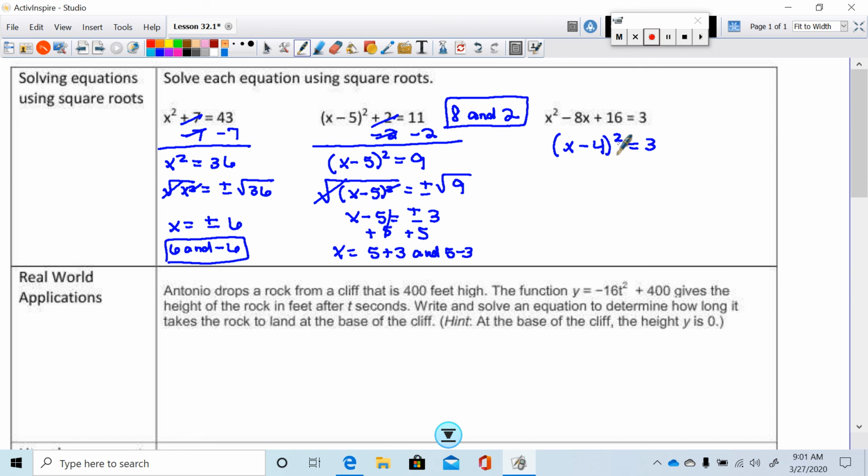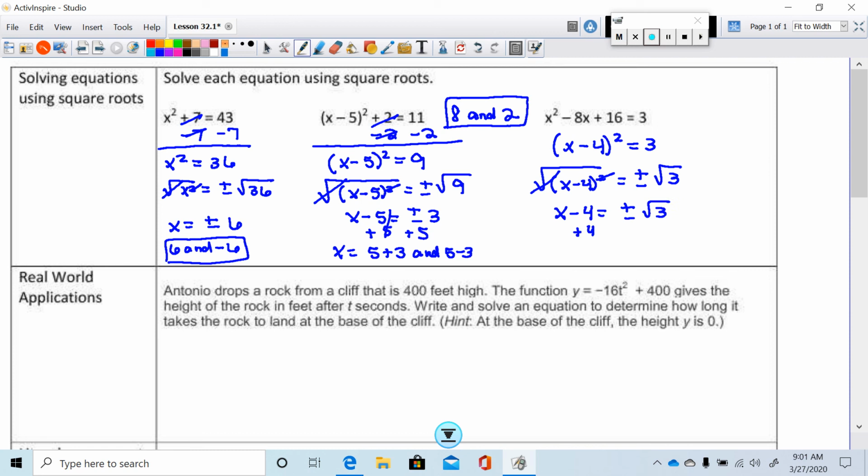Now I can do like I did in the previous problem. I'm going to take the square root of both sides. X minus 4, quantity squared, equals, when you take the square root, it's plus or minus the square root of 3. Opposites cancel. So x minus 4 equals plus or minus the square root of 3.